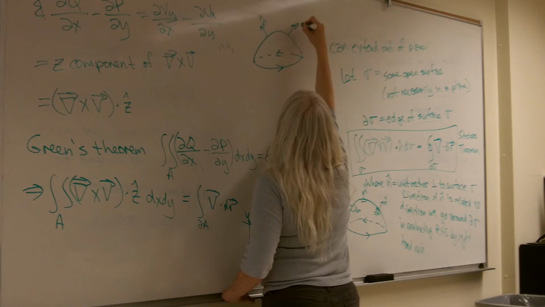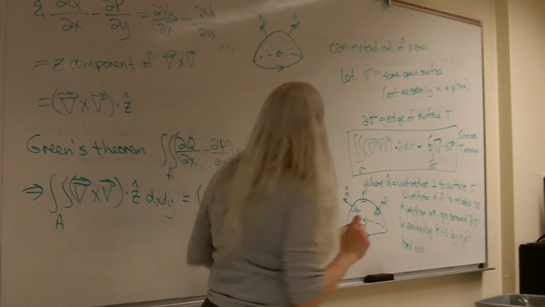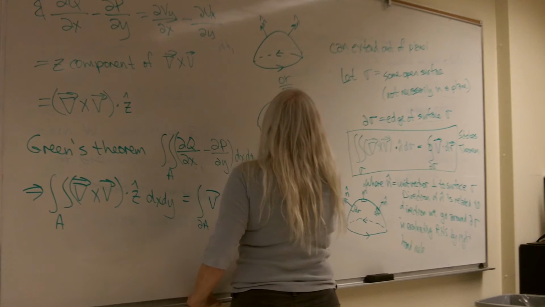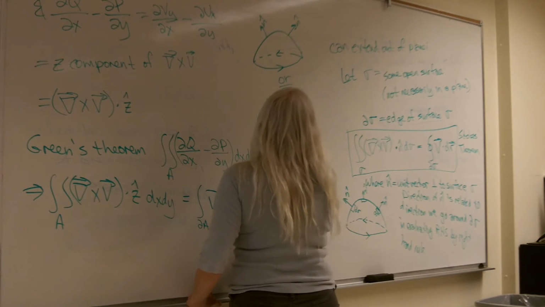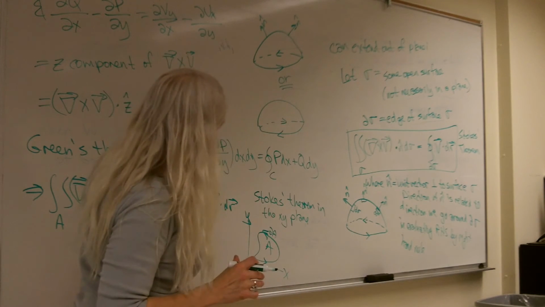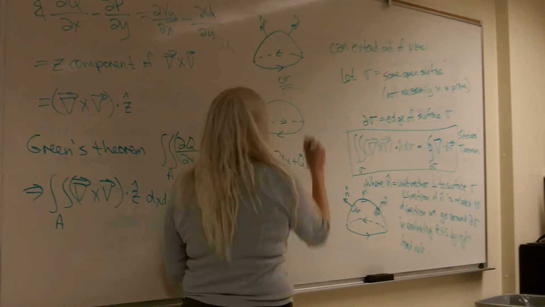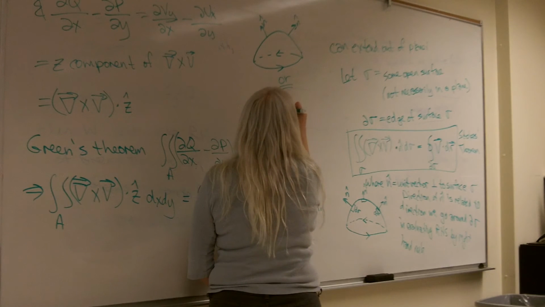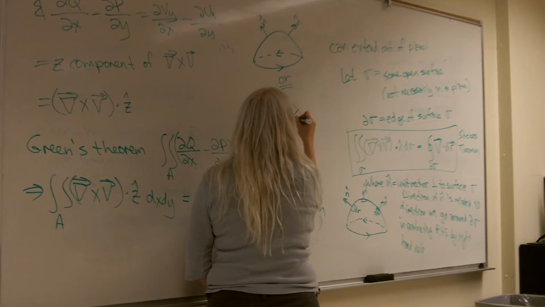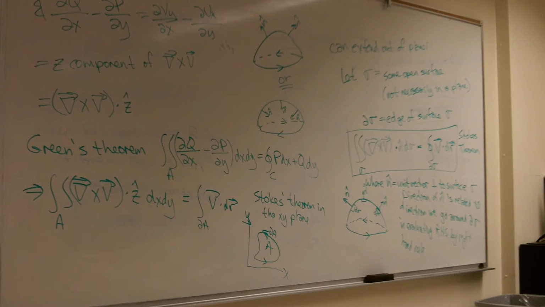In other words, n hat will point more or less up, and we go around the curve for the line integral this way, or we could go around this curve the opposite direction, but then by the right-hand rule my thumb is pointing down, and so now n hat points downward there, sort of inward like this. So we can do it either way, as long as we are consistent.